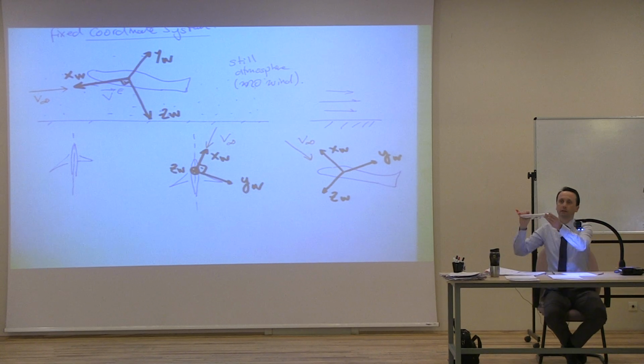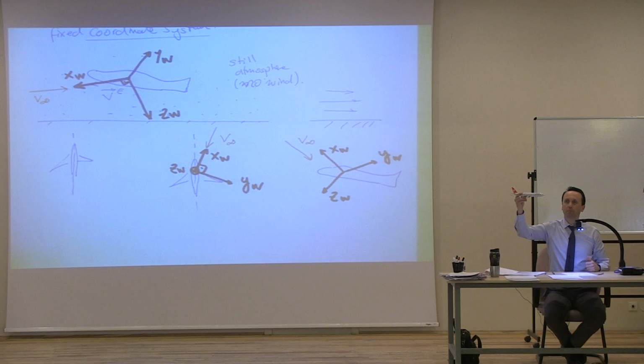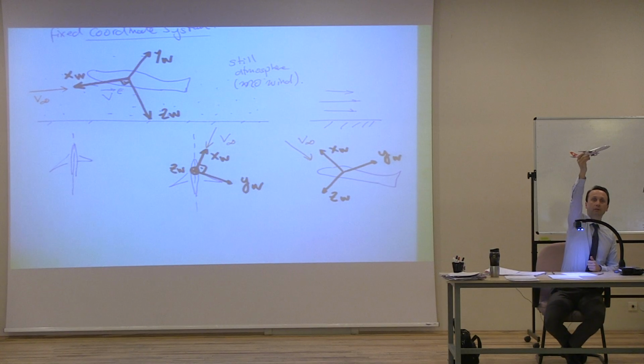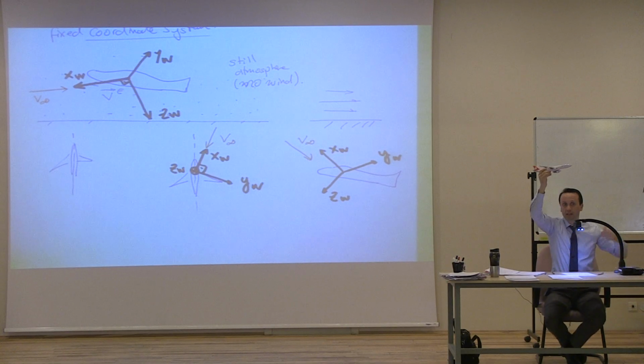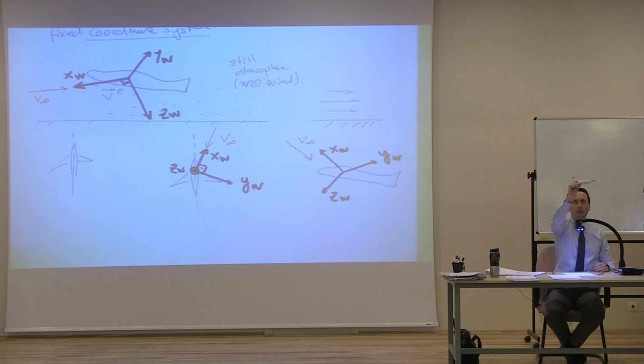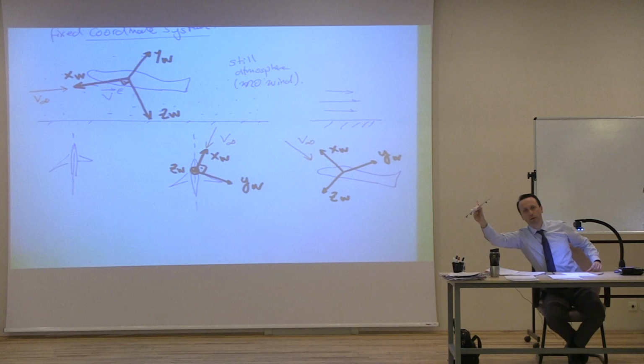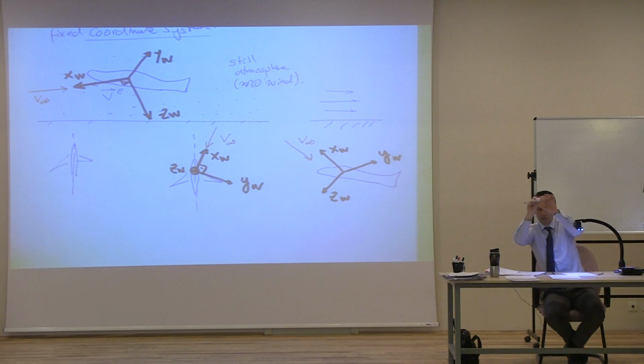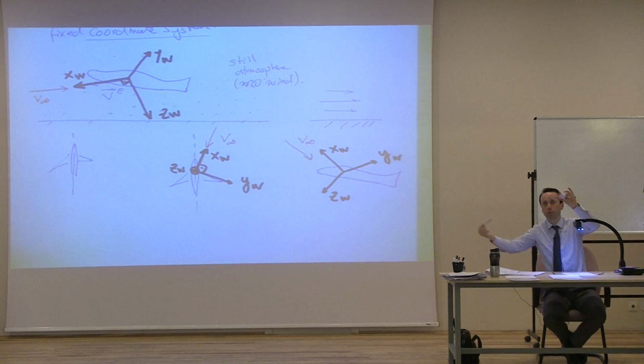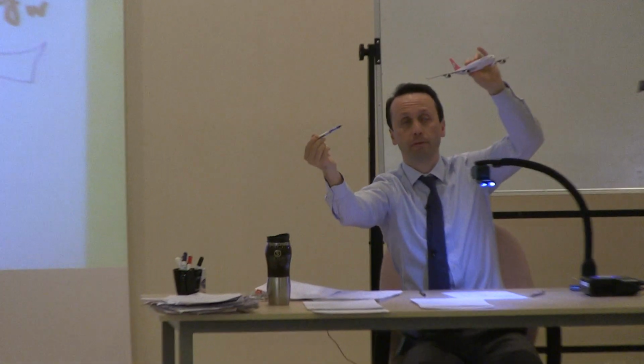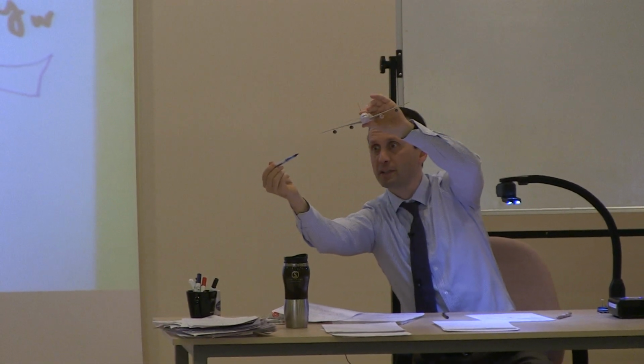Look up here. This is my airplane. The airplane doesn't always fly like that. It could be doing something like that. Now V infinity is momentarily at least coming from the top. What if the airplane is doing this? Look up here. The airplane is doing this. Where is V infinity? At the side, right? This would be V infinity coming from the side if you're flying like that. This is V infinity. Where is Xw?